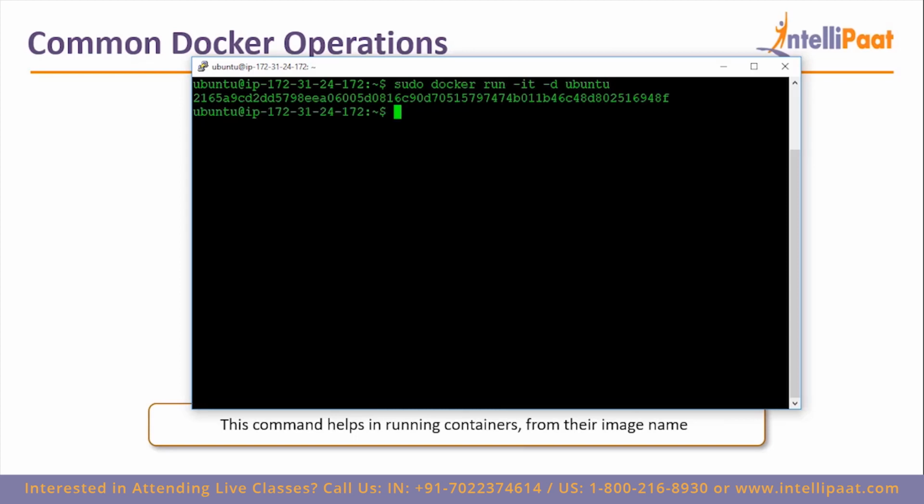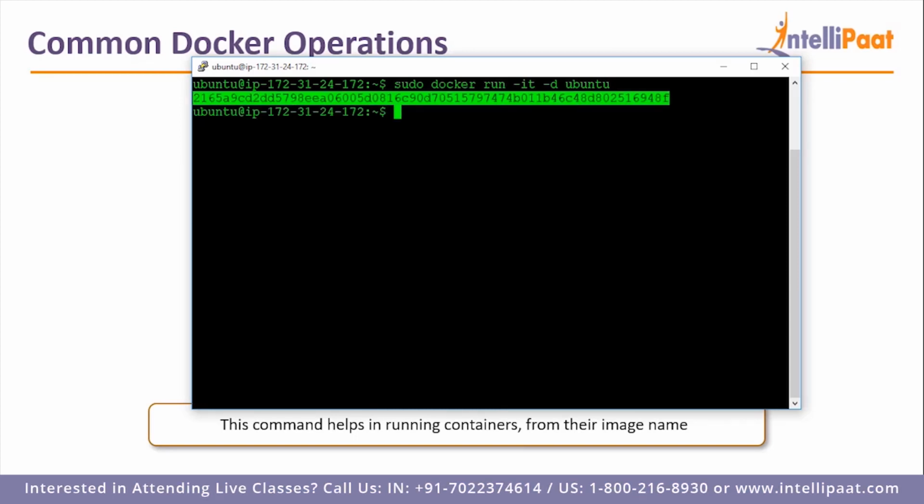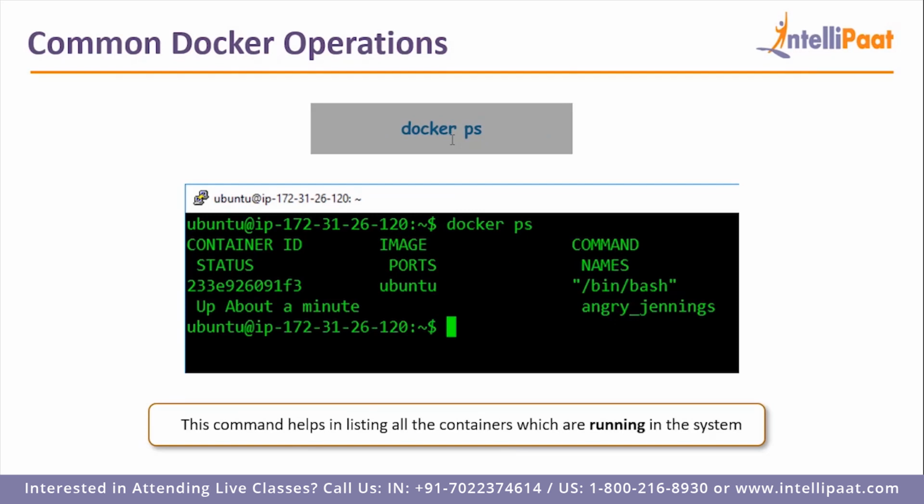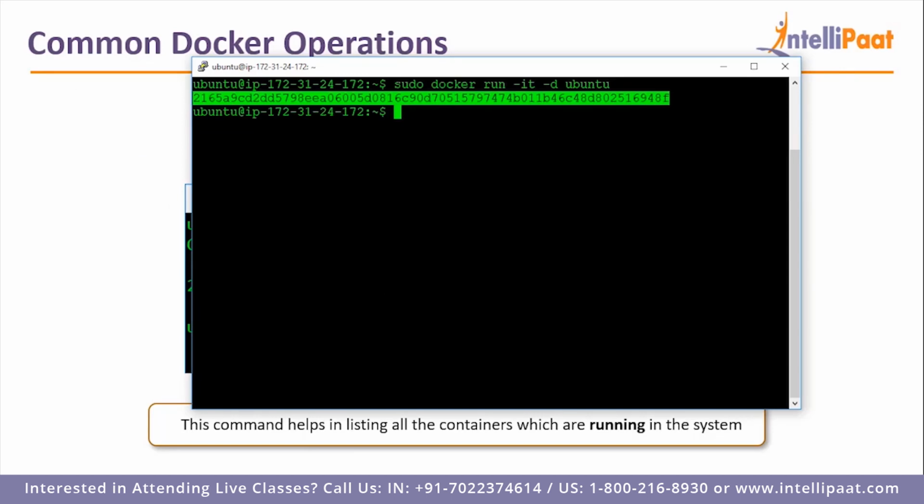Can you see, you just got an ID of the container? If you get something like this, it means that your container has just started. And then to view all the running containers, all you have to do is pass the command docker ps, and that would list all the containers which are currently running in your system. So let us do that as well.